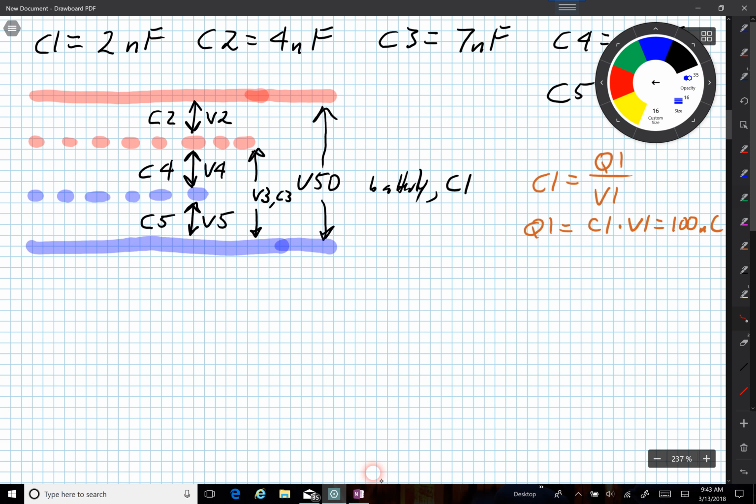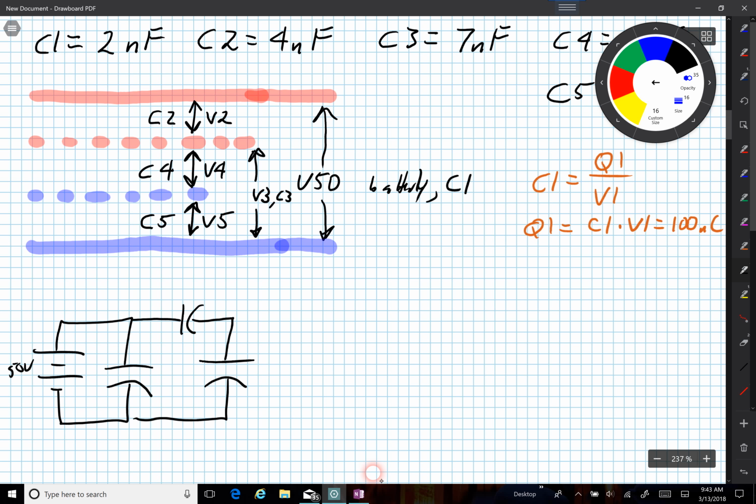So I can redraw the circuit. 50 volts. There's C1. There's C2. There's C3.